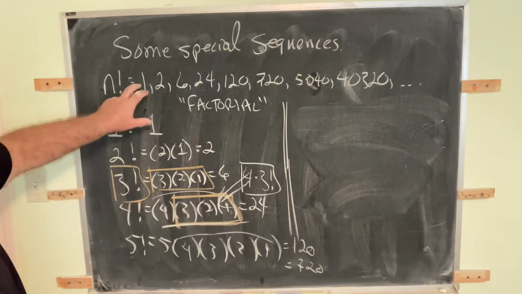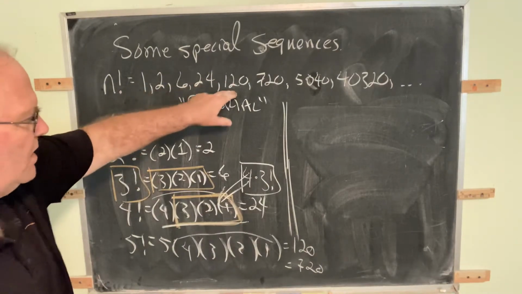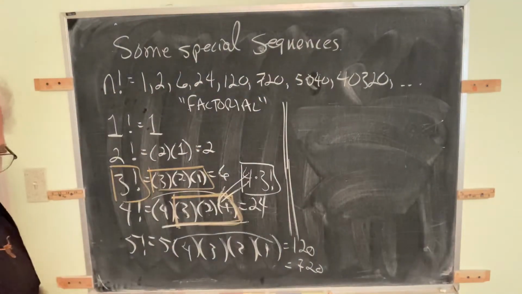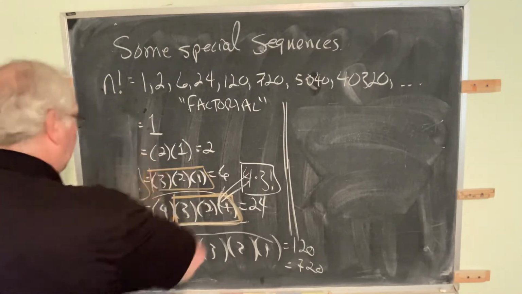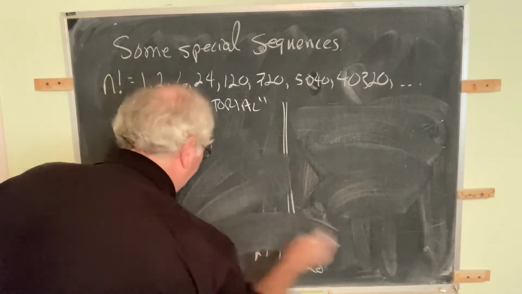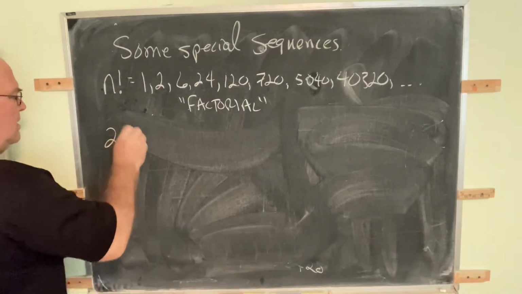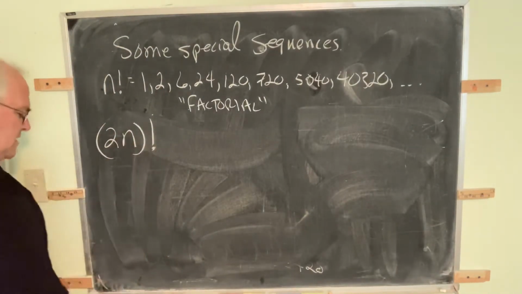The factorial pattern: 1, 2, 6, 24, 120, 720. By then, you should be able to recognize the factorial pattern when you see it. Now, there are other factorials that come into play. Something like this.